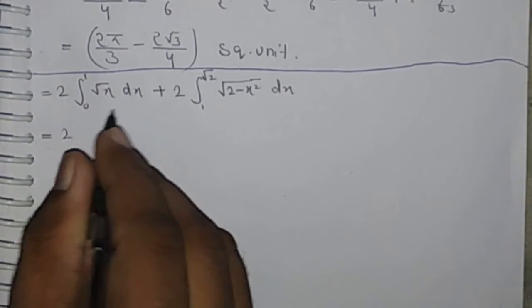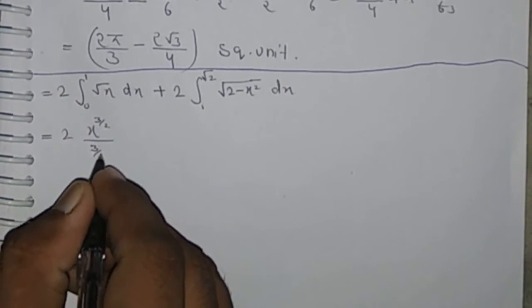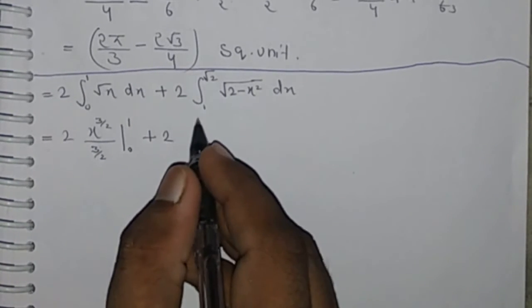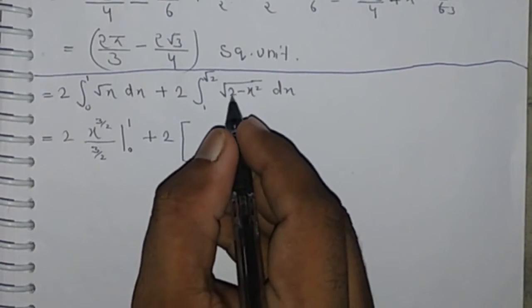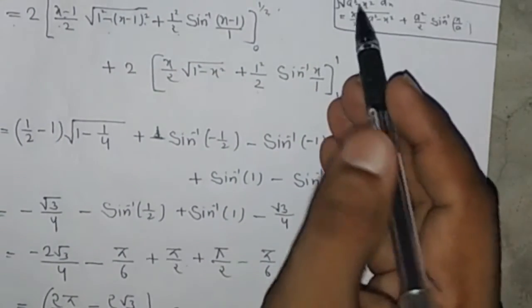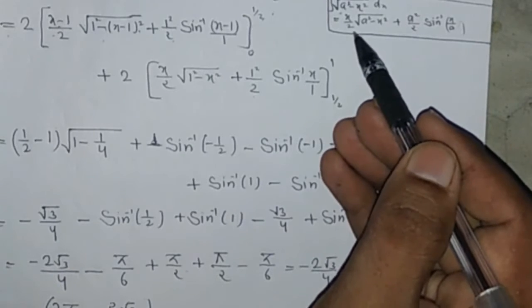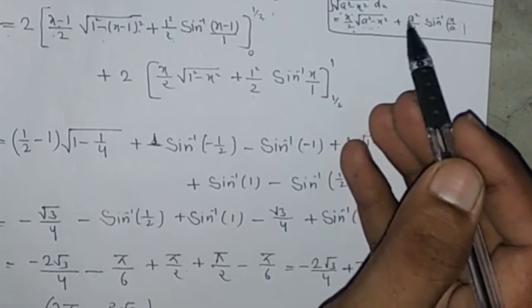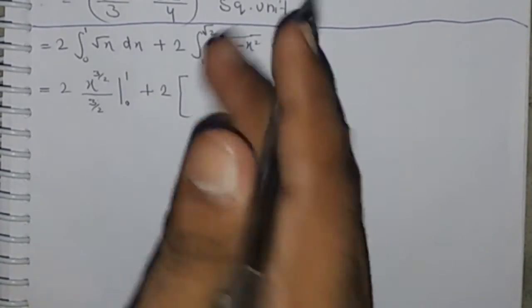Now the integration of root x is x to the power 3 by 2 divided by 3 by 2, from 0 to 1. And the integration of root of 2 minus x square, that is, the integration of root a square minus x square, is x by 2 times root a square minus x square plus a square by 2 sin inverse x by a. Then apply the same formula.